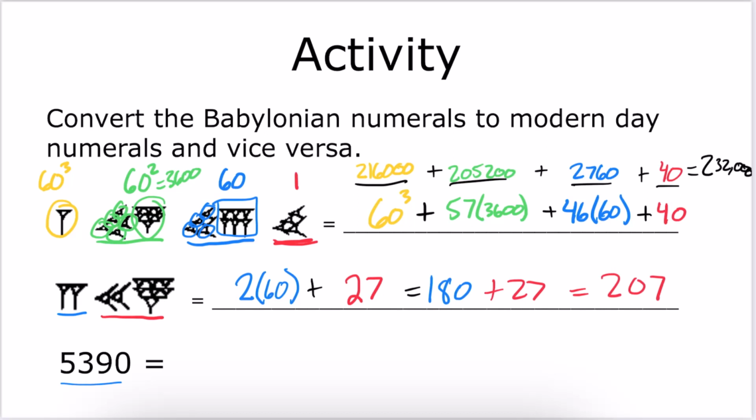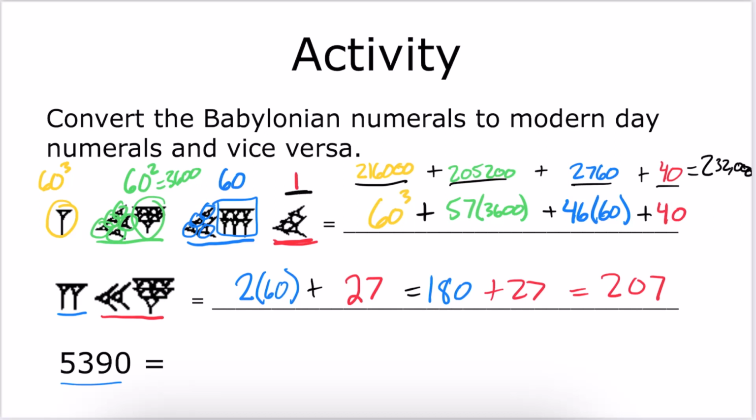So this last question is kind of interesting because on this one, we need to take our modern day number and convert it into Babylonian numerals. So the way we'd want to look at this is we want to say, okay, well, what's our biggest place value going to be in Babylonian numerals? So remember, Babylonian place values go by 60s.